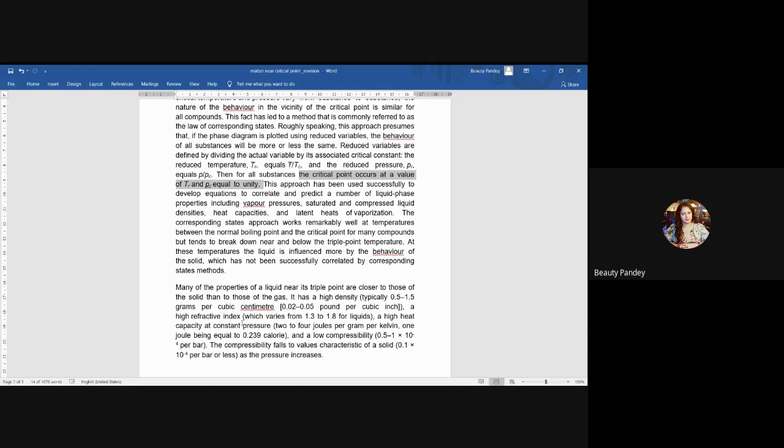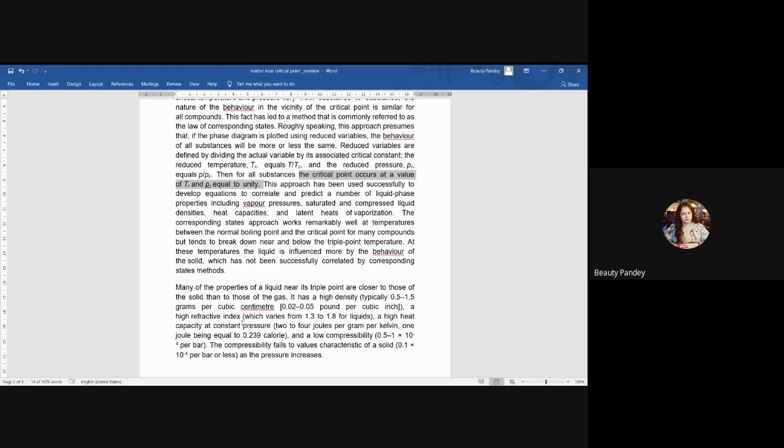When the phase diagram between Pr and Tr was plotted, and not between P and T, the critical point for all the materials occurred almost near unity.